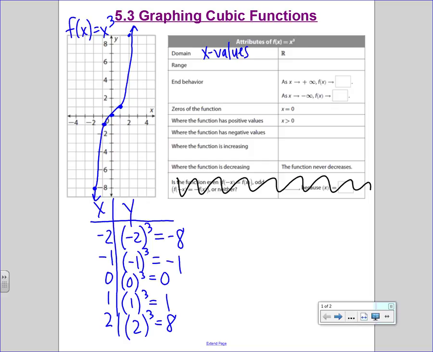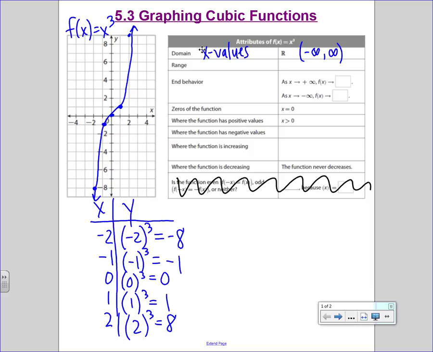Because if you look at this function, will it keep going to the left and to the right? Yes, very slowly because it's really steep, but it will be, right? So if it keeps going to the left and to the right forever, then that means that our x values can be anything. So that's from -infinity to +infinity, correct?